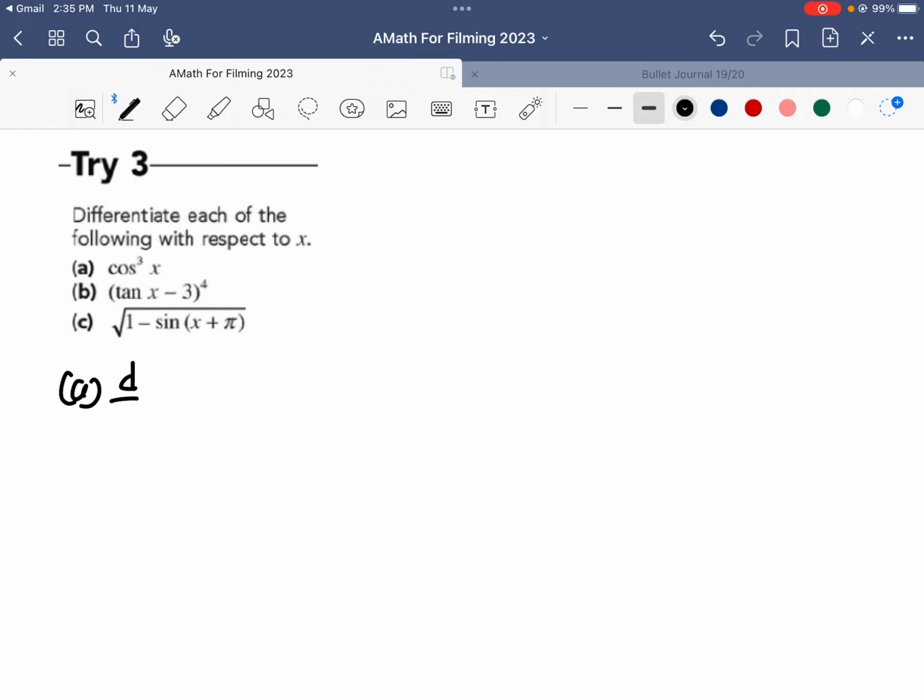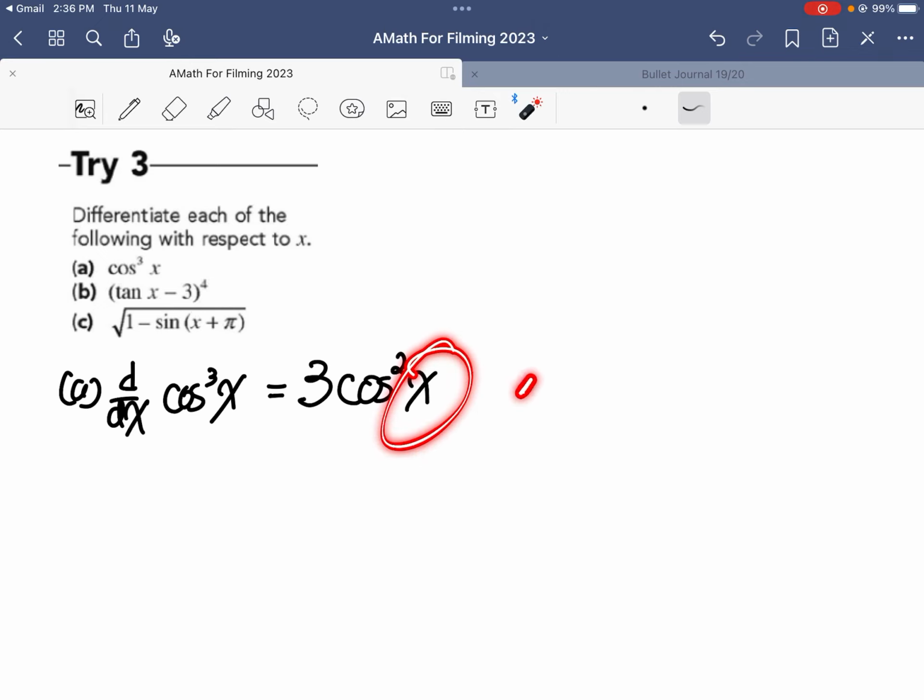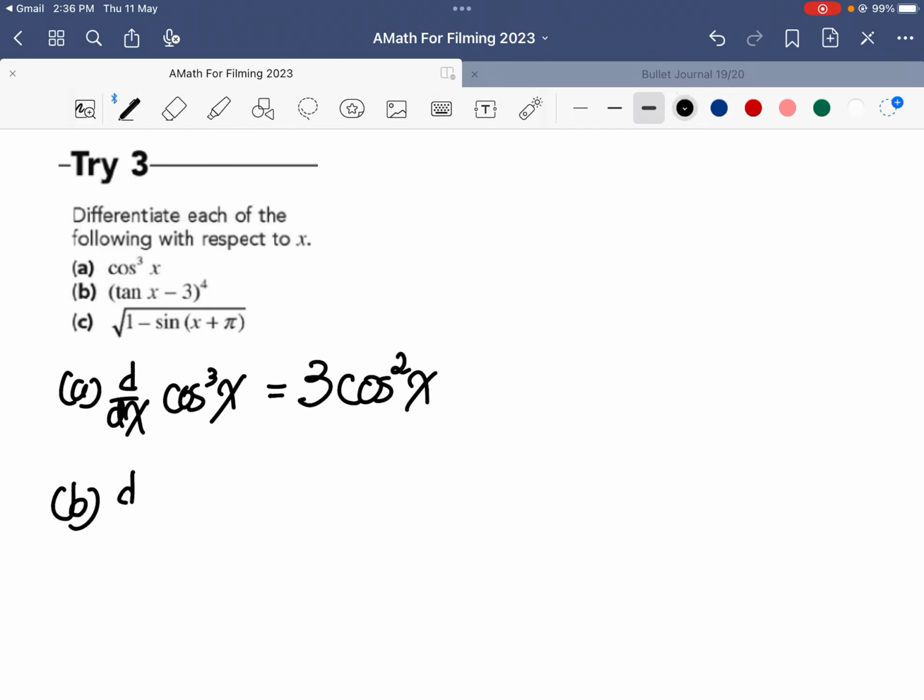For A, I'm differentiating with respect to x, cos cube x. First, the 3, we multiply it to cosine of x. The power must be reduced by 1, so it's cosine square x. You differentiate what's inside the bracket, you differentiate x, it becomes 1. So this is my final answer for part A. For part B, I'm differentiating with respect to x, tangent x minus 3 to the power of 4.